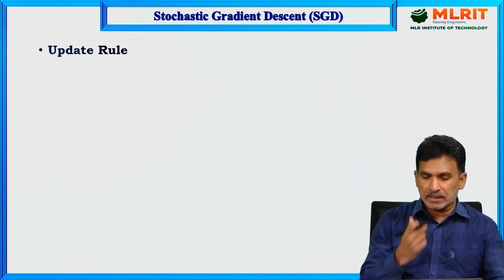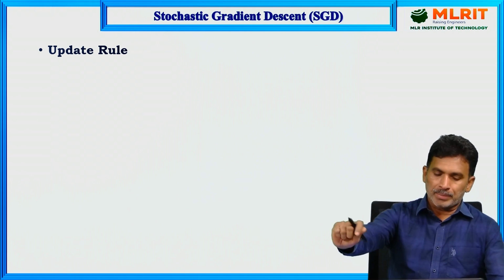Stochastic gradient descent updates the parameters.